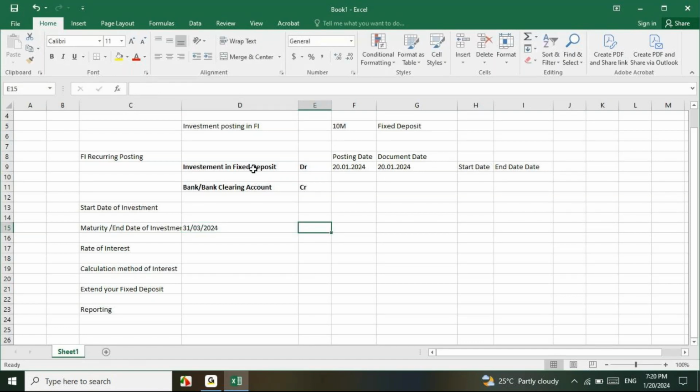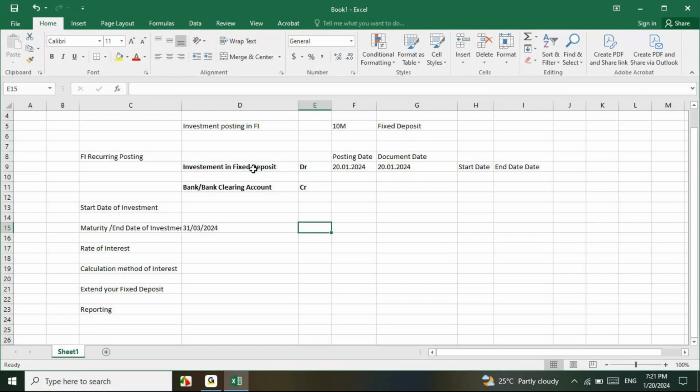Now, on the 31st March, from the FI accounting perspective, it will not tell you that this amount is getting matured today because you do not have a reporting. If you maintain some Excel along with the SAP system, it will tell you this has a maturity date of, let's say, 31st March 2024, and the investment is getting matured.